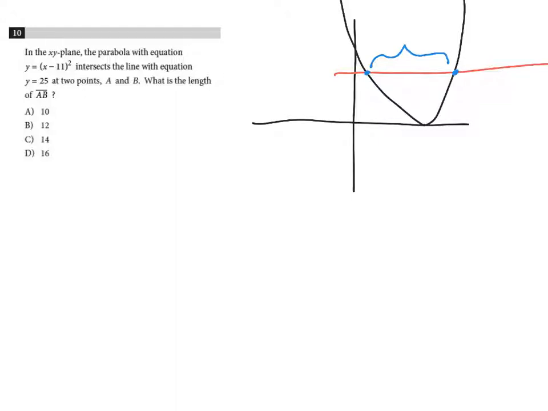So I've got 25 equals (x minus 11) squared. Now in certain situations you might want to expand this and gather like terms and then maybe use the quadratic formula to solve this.